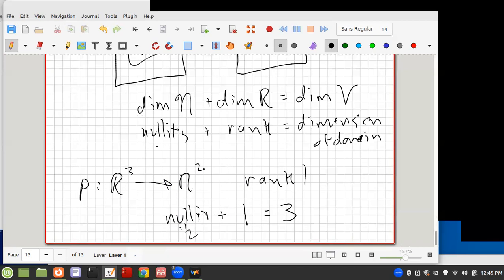You can calculate the nullity if you always know the dimension of the domain. If you know the rank, you can get the nullity right away, and if you know the nullity, you can get the rank right away. Now, just as a warning, in the homework, you can't use this theorem to solve the problem. If I ask you for the rank and the nullity, you can't just find the nullity and say, okay, now we can use this theorem.